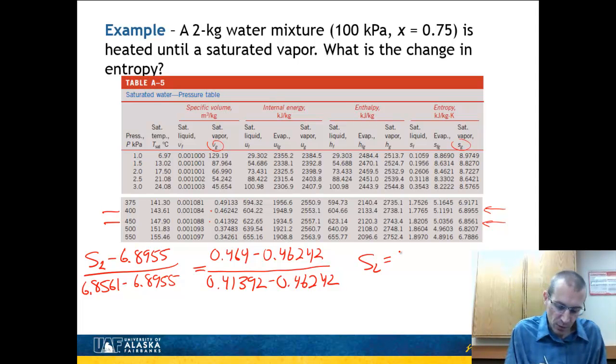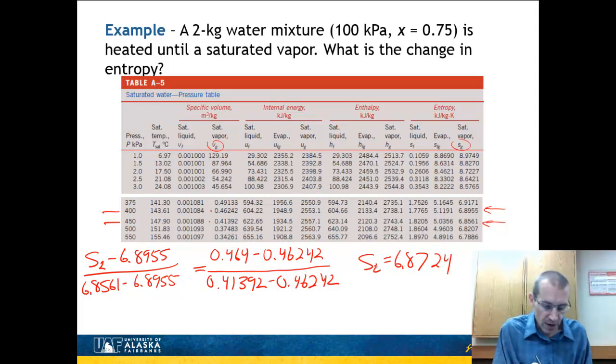And S2 is 6.8724. All right, so there's my value of S2.